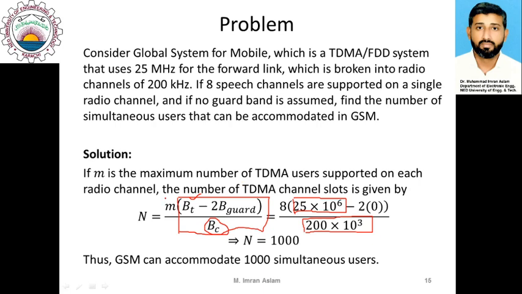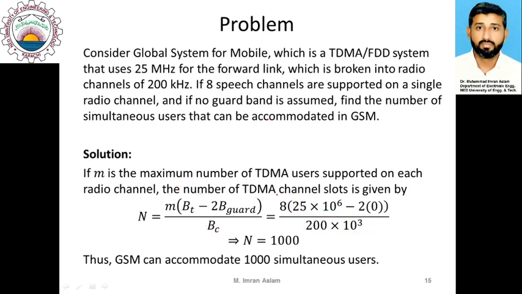Further, the overall number of users would also increase because of this TDMA system, because each single frequency channel is further divided into 8 speech channels. This is represented here by M. So the overall number of users would be multiplied by 8, because each channel is further divided into 8 time division based speech channels.